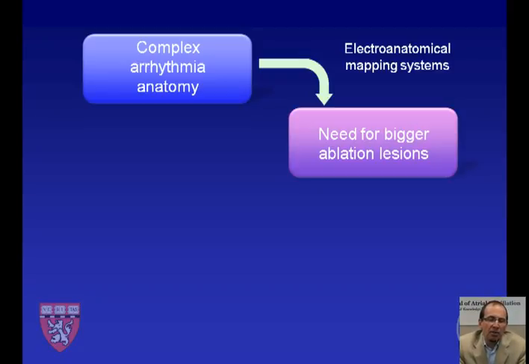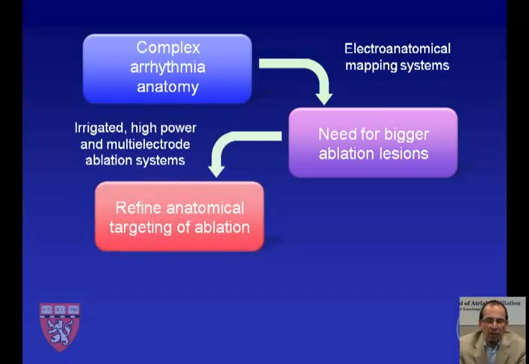This is the result of a multi-center study from Europe published some years ago, just looking at the effect of irrigated RF ablation on these specific congenital heart patients with atrial tachycardias, and they demonstrated both a high acute success rate and, importantly, a relatively low recurrence rate, a problem which has been quite difficult to address in this population of patients.